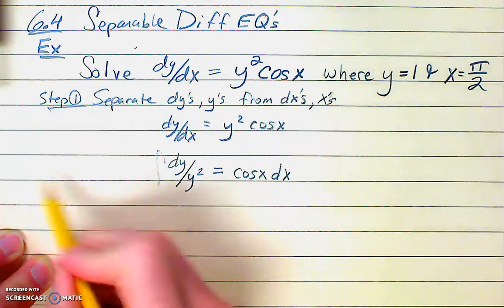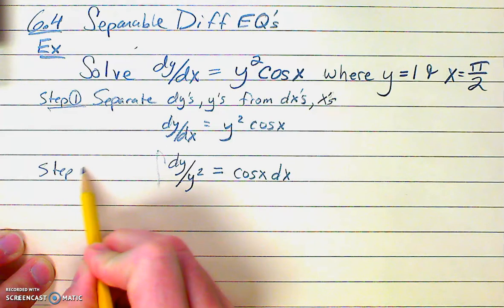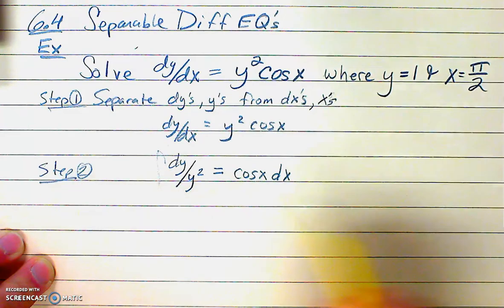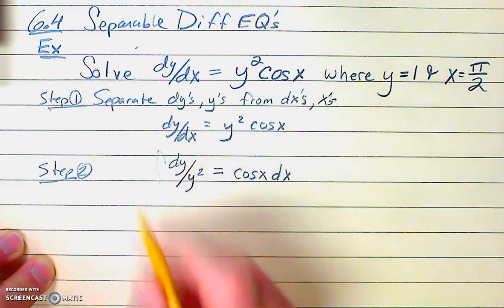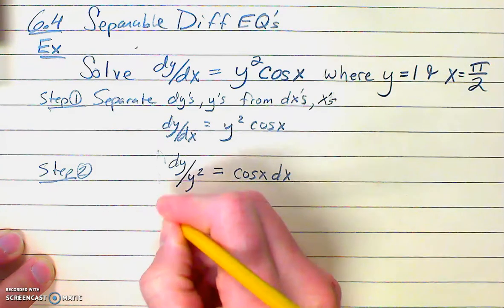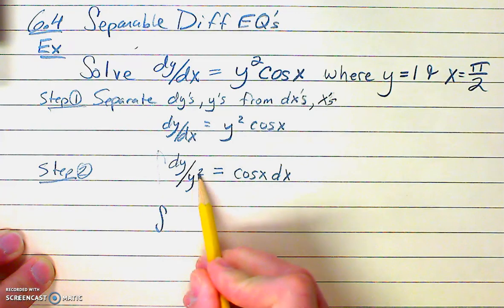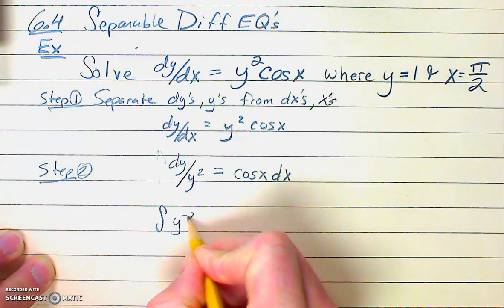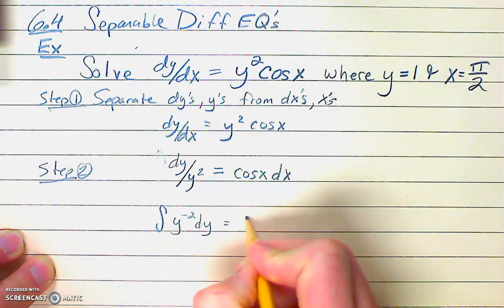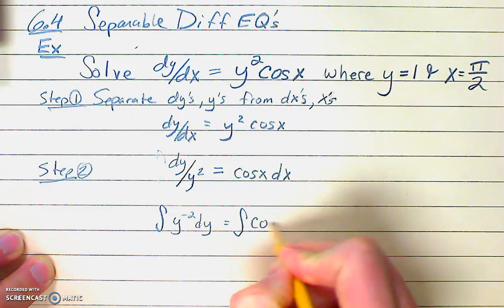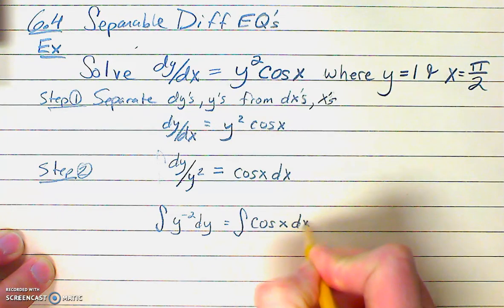And now step 2 is to just solve like we did the last problems, like we did on the bell work and in 6.1. You integrate both sides. So again, we could write 1 over y squared as just y to the negative second power dy. And that's going to equal the integral of cosine x dx.